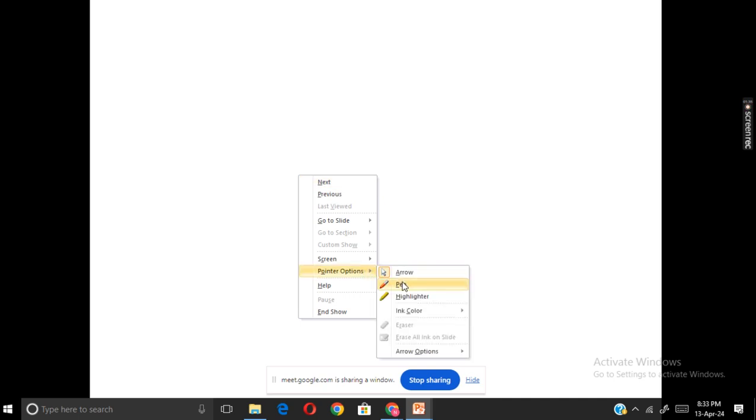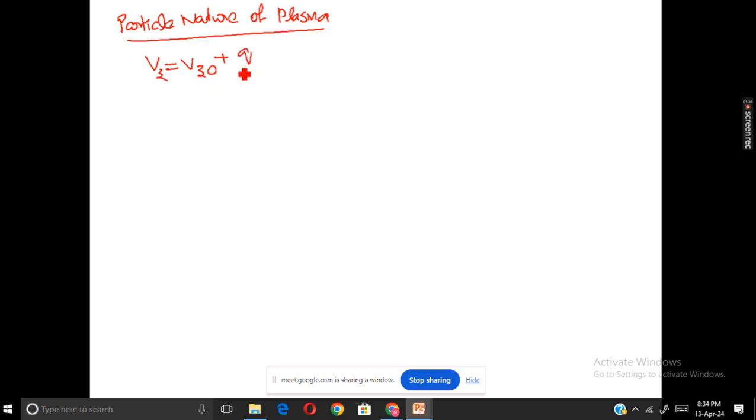Now, in the section on particle nature of plasma, we learned how a particle behaves in the presence of a uniform electric field. We saw Vz equal to Vz0 plus q by m E into t. So the velocity will linearly increase with respect to time.